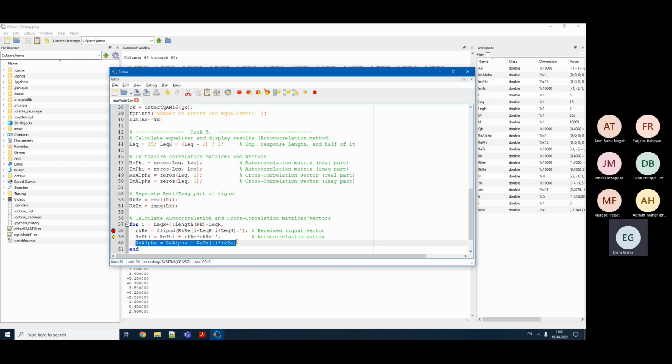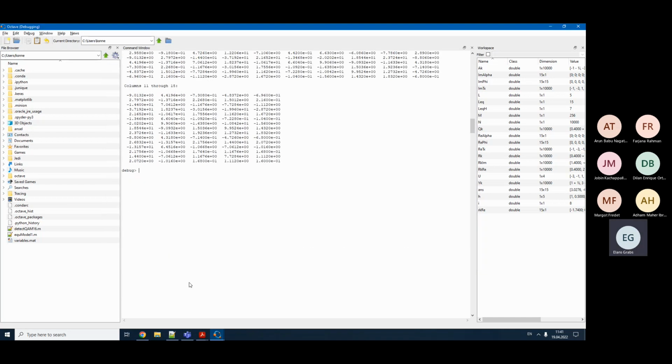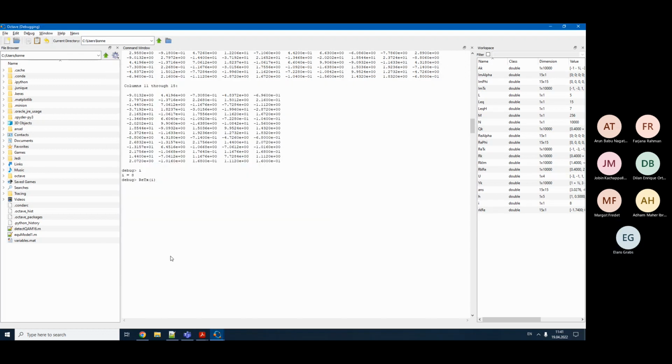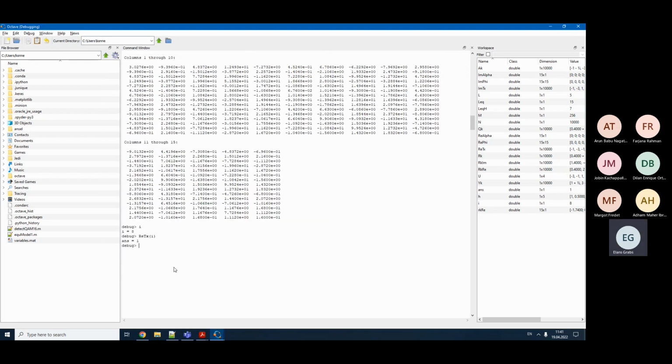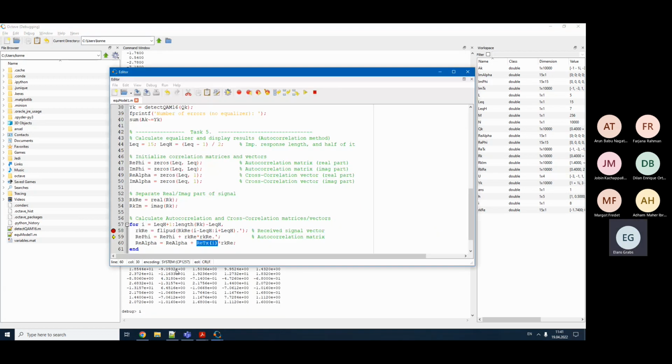Now for the cross correlation matrix. Here you can see that, for example, at this particular time moment, our value i is 8. So we are interested to see what the 8th value was. It was 1, the real value before the channel.